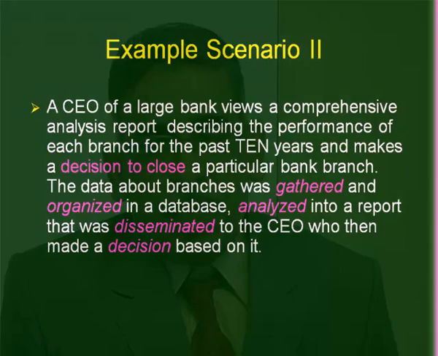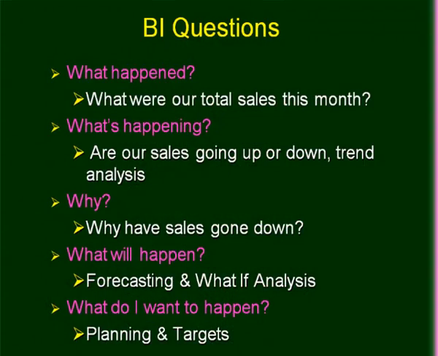As I mentioned earlier, BI always helps to answer demand oriented questions. What happened? For example, what were total sales this month? What's happening? Are our sales going up or down? That means to see the trend analysis, you can ask what's happening. Why has it happened? Why have the sales gone down?